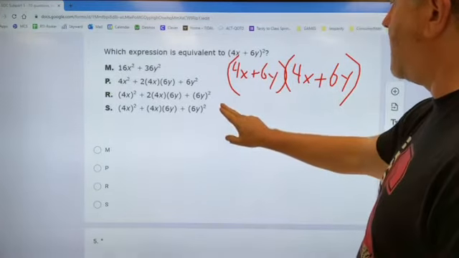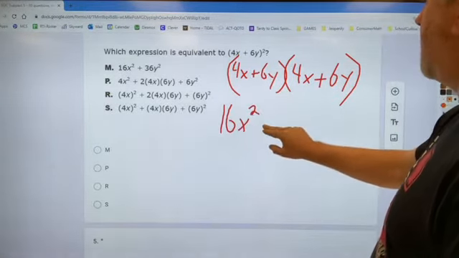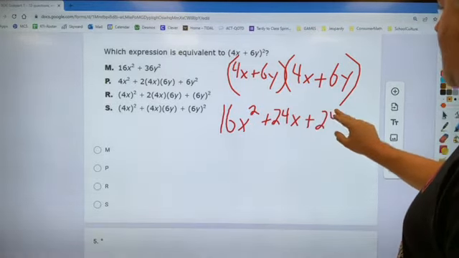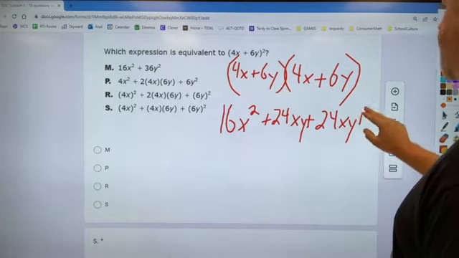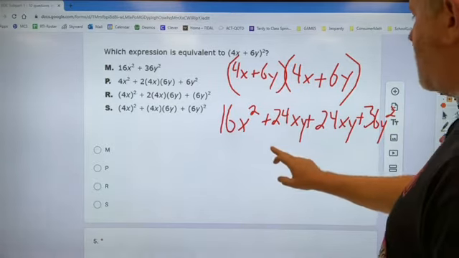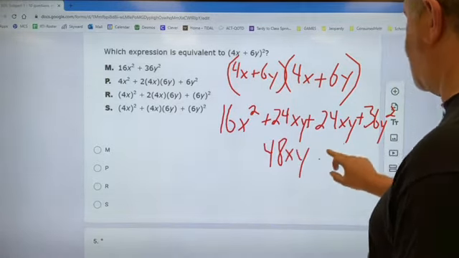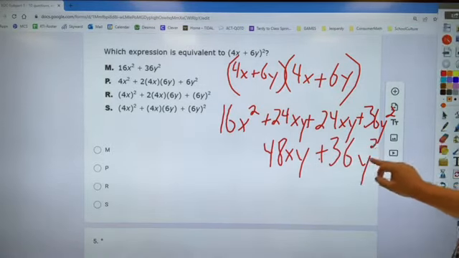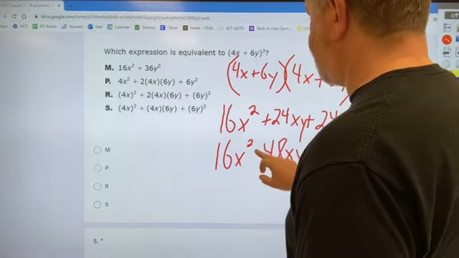Now, we're going to go ahead and FOIL this thing. 16x squared plus 24xy plus 24xy plus 36y squared. Combine our middle two, we end up with 48xy plus 36y squared at the end here, and then 16x squared at the beginning. Now here's the weird thing about this problem.